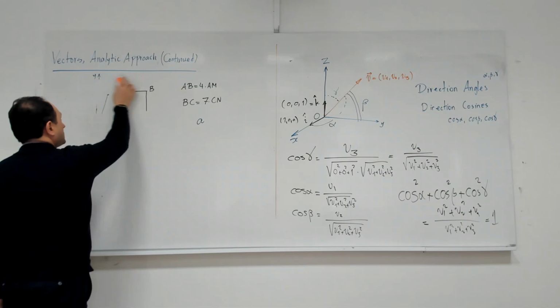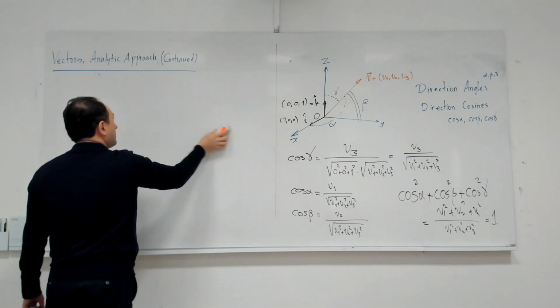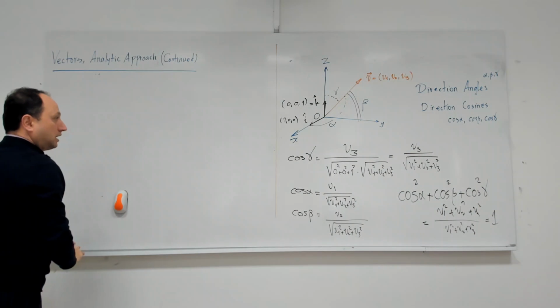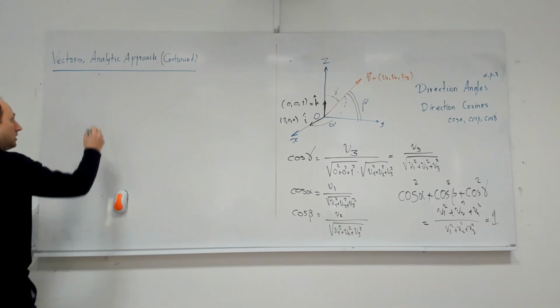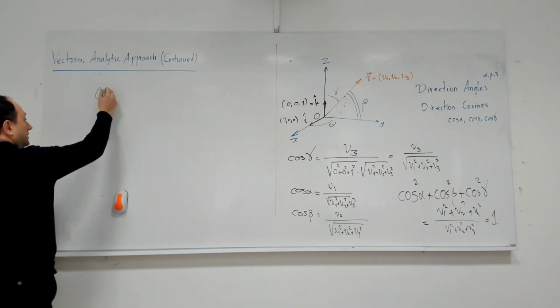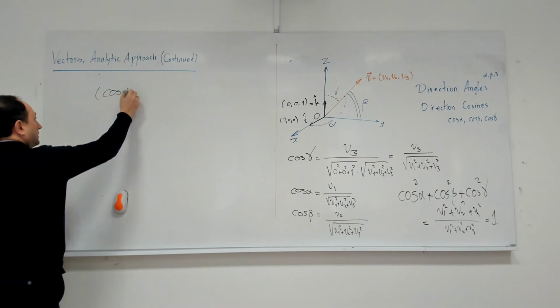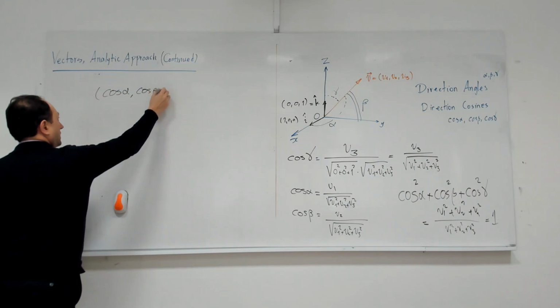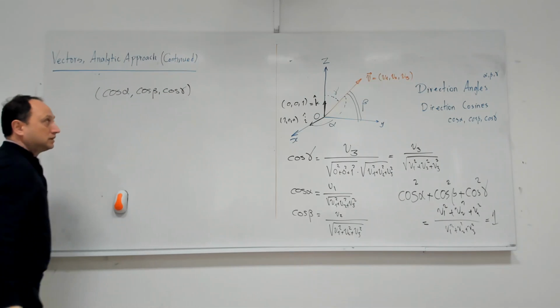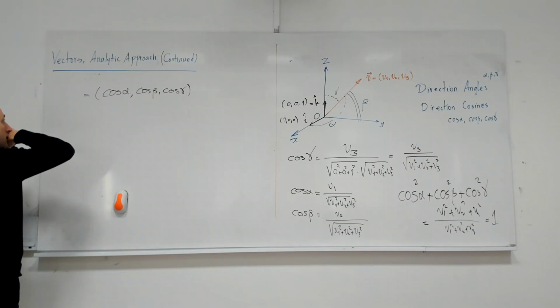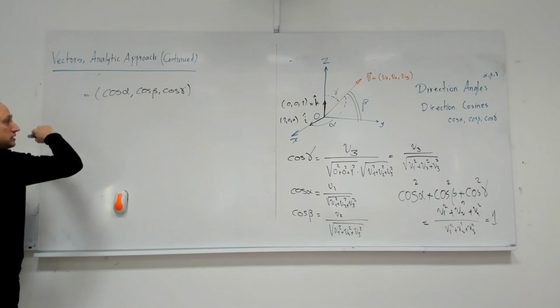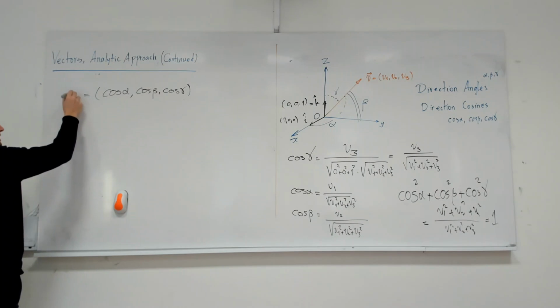Now let me ask you one question. If I have that vector, I can take these numbers, cosine alpha, cosine beta, and cosine gamma, and put them in a triple. This becomes a vector, so let me call it E for the time being.